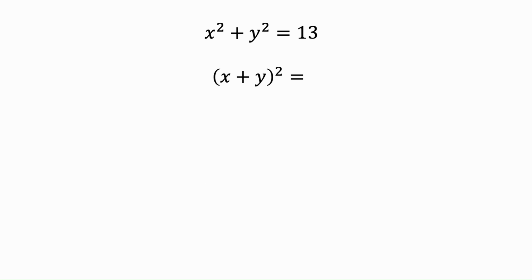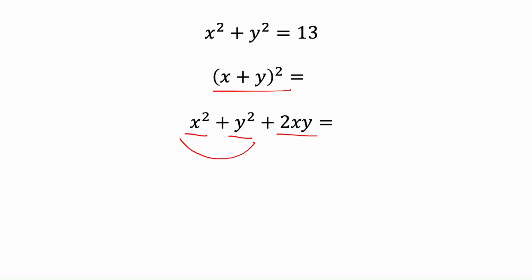Now, since we know x squared plus y squared equals 13, and we just found xy equals minus 6, we can write (x plus y) squared easily because we know all of the elements. (x plus y) squared is going to be x squared plus y squared plus 2xy, and we know this part, and we know this part too.